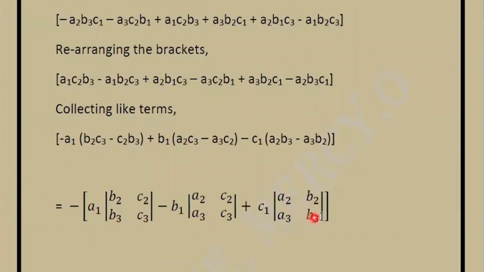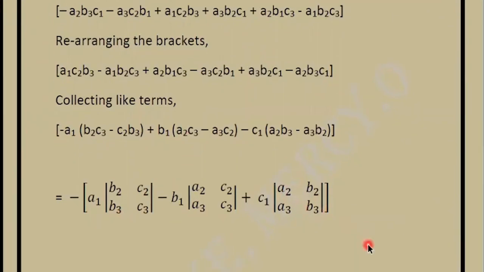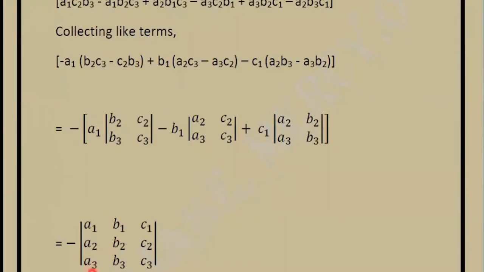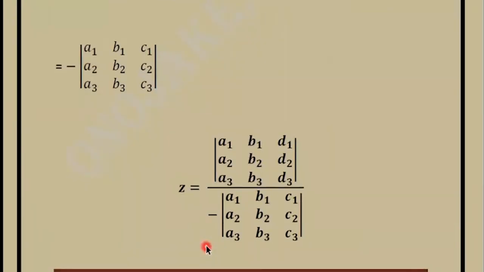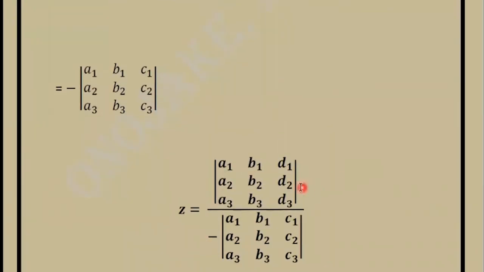That is this, and this. With the minus factorized outside. Bringing it to matrix form, we have this. Remember, the minus outside. And then we've had the numerator to be this and the denominator to be this with the minus.